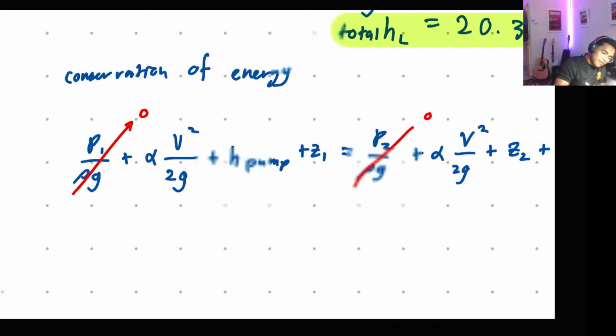So pressure difference. Okay. What is the pressure difference?